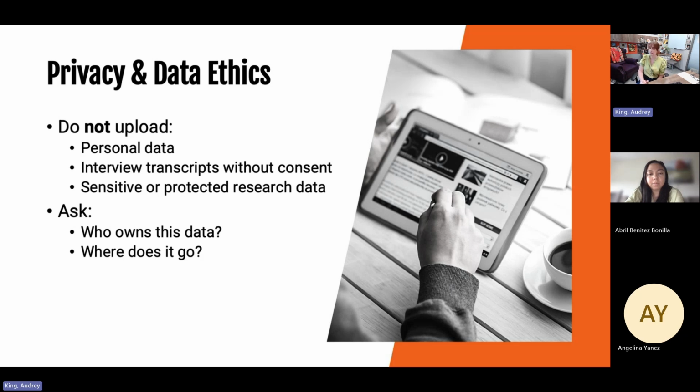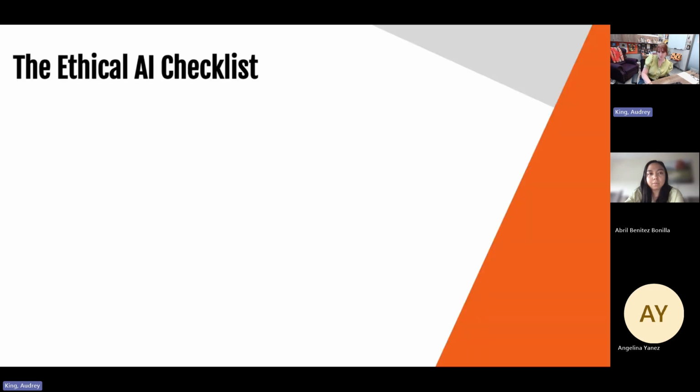And the answer that you'll see 100%, even I read something from NSF just yesterday, is no. You don't get to put other people's unpublished work into an AI, because that really opens them up to this idea that all of a sudden, all of their knowledge is back out into the world without their name on it. And that can be really icky. So ask yourself, who owns this data? Where does it go? Am I doing this in an ethical way?